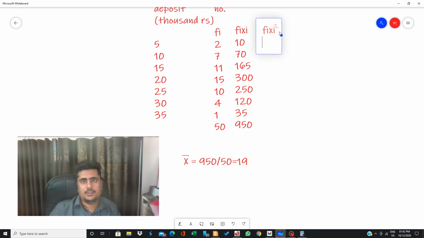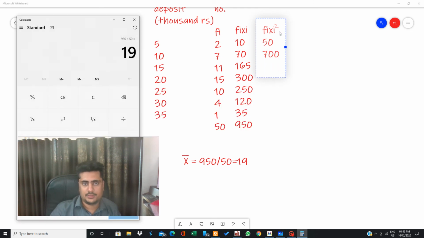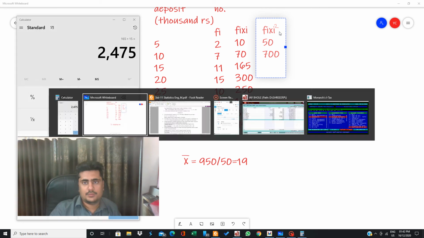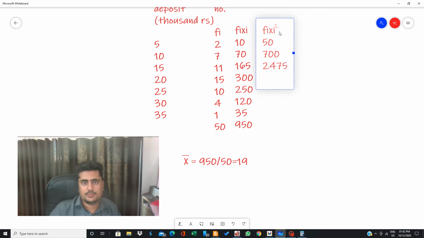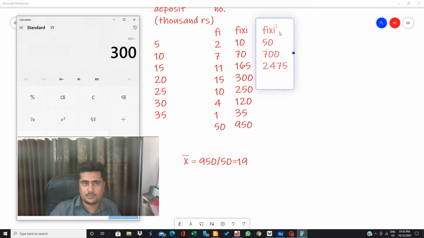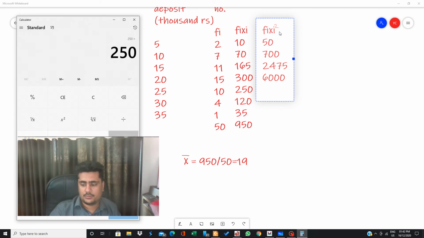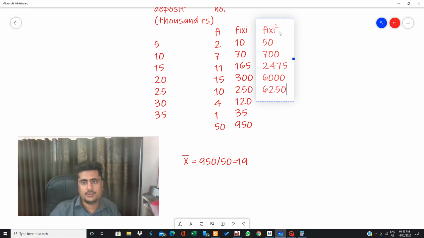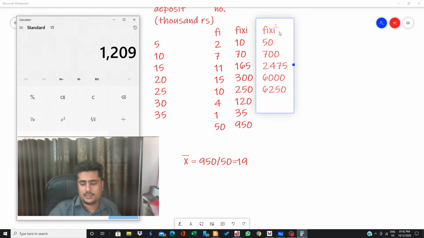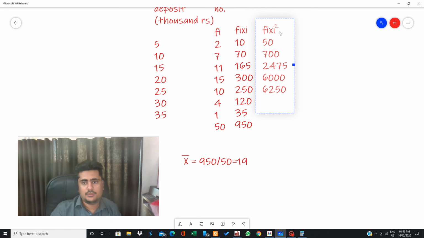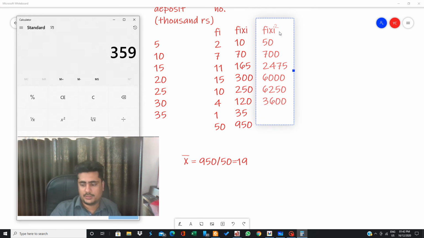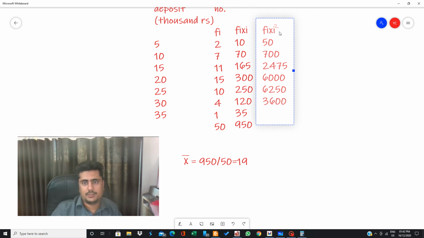Now fi into xi. 10 into 5 is 50. 7 into 10 is 700. 165 into 15 is 2475. Then 300 into 20 is 6000. Then 250 into 25 is 6250. 120 into 30 is 3600. 35 into 35 is 1225.